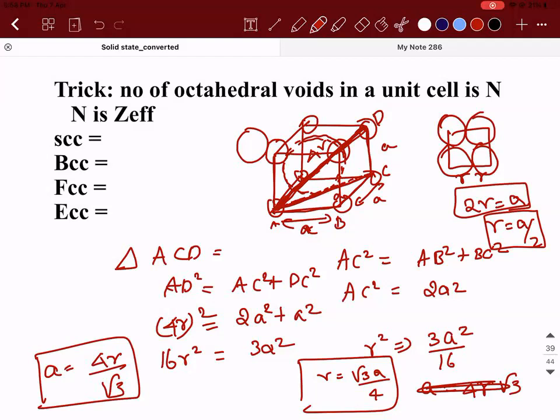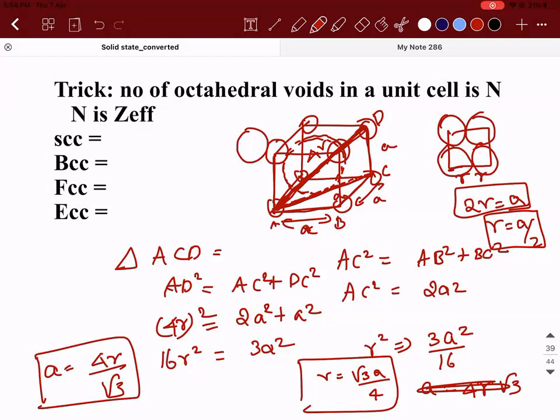Here actually 2R is equal to A. That's enough, there is nothing to explain. See, this is R. Don't go for the diagonal. Why are you going for the diagonal? Where is the center point here? Now got it?